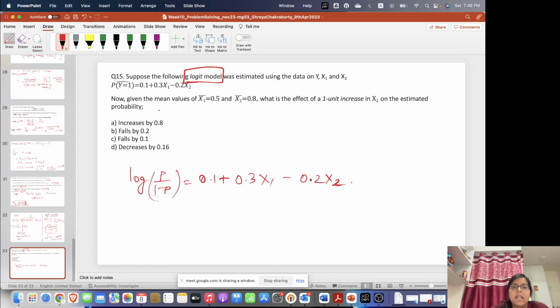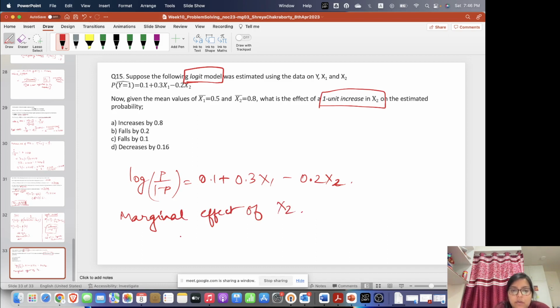Now we have to find out the effect of a 1 unit increase in x2. So what we have to find out is the marginal effect of x2.